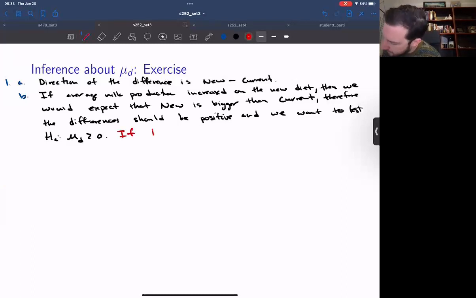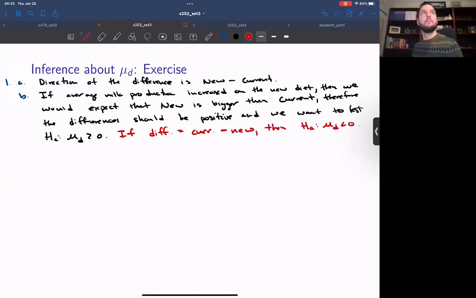So if the difference was equal to current minus new, then we would have HA: mu D less than 0, right? Yeah, so that's a really good question. The first question is, how do we know it would be new minus current? There is no right or wrong way to compute the differences.